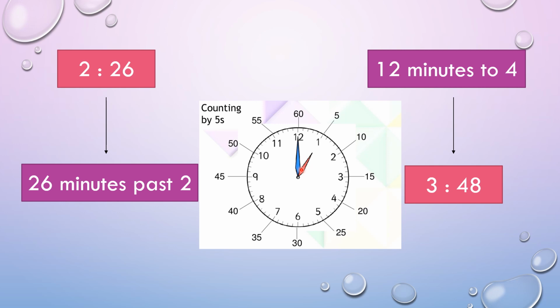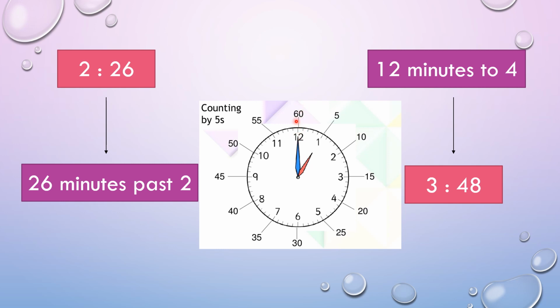Okay, now come back to the long hand. The long hand will be at 12. But they say the clock here is 12 minutes to 4, which means the minute hand, the long hand, is supposed to be at 12, but it hasn't touched 12 yet. So count backwards. Here is 60, correct?